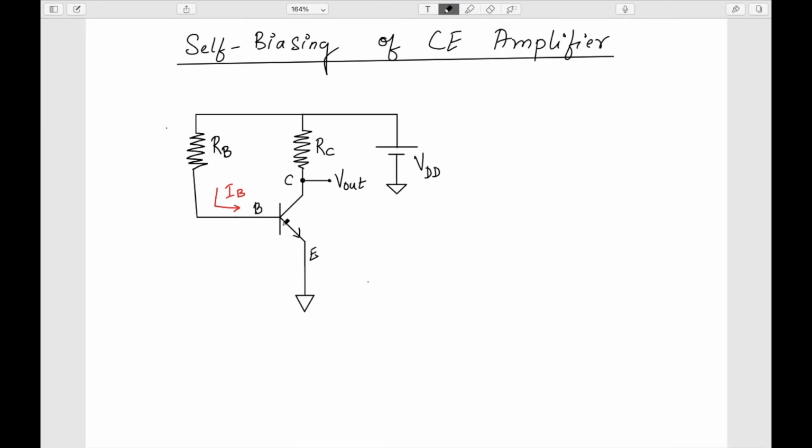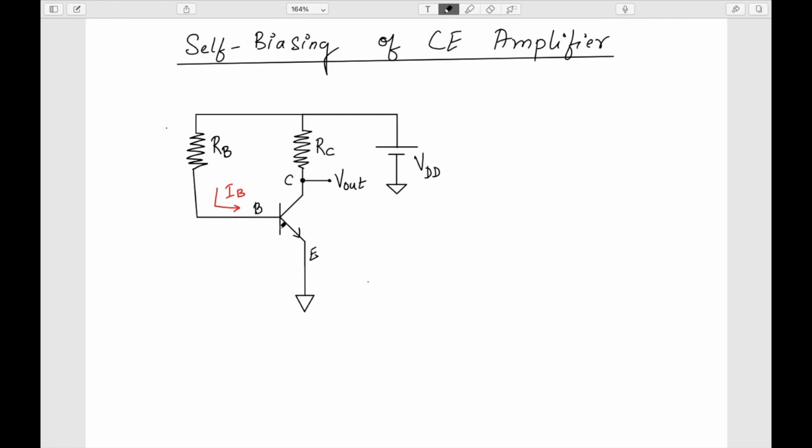We know that the drop in a PN junction is almost 0.7, because this is a forward biased PN junction, and I was also mentioning before that we need to treat it like a constant drop model. So the same analysis that we used for the diode can be used for this base-emitter junction.